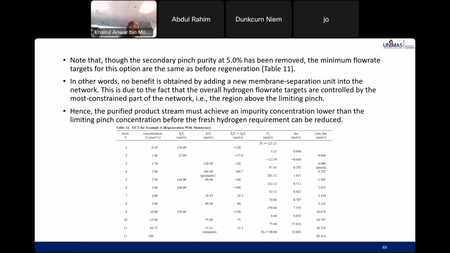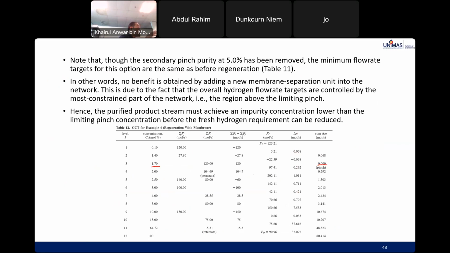The minimum flow rate target for this option is the same as before regeneration. So see here, after using regeneration with membrane, it is actually similar. The pinch point is actually at 1.7 as well.